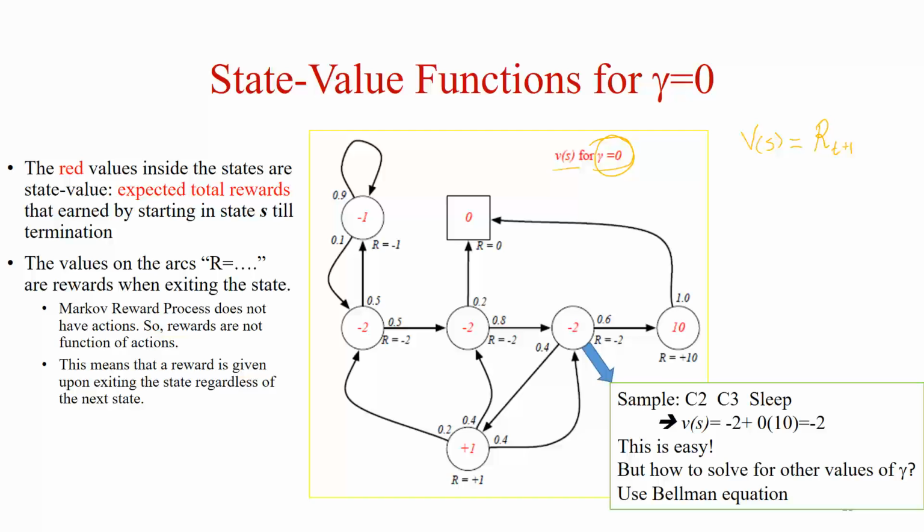So you can see that here the immediate reward becomes the state value, and here the immediate reward becomes the state value. And the reason is that I'm not looking for the future.